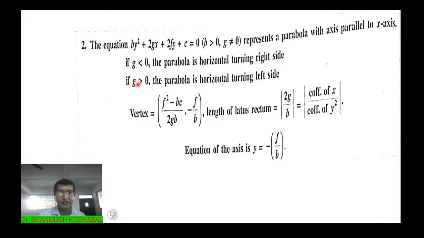If g is greater than 0, the parabola is horizontal turning left. Then the vertex is given by this particular formula, and the length of the latus rectum is given by this particular formula. Similarly, the equation of the axis is y equal to minus f divided by b.